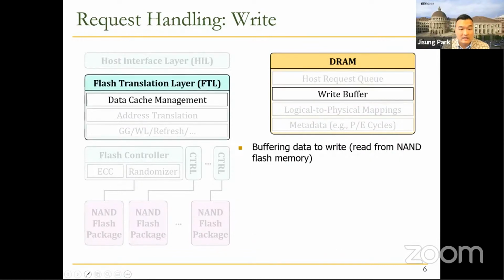And the data to write is usually first buffered in internal DRAM, and the FTL is responsible for managing this data buffer that can also store some recently read data as needed. So this DRAM cache is essential to reducing SSD-level write latency.